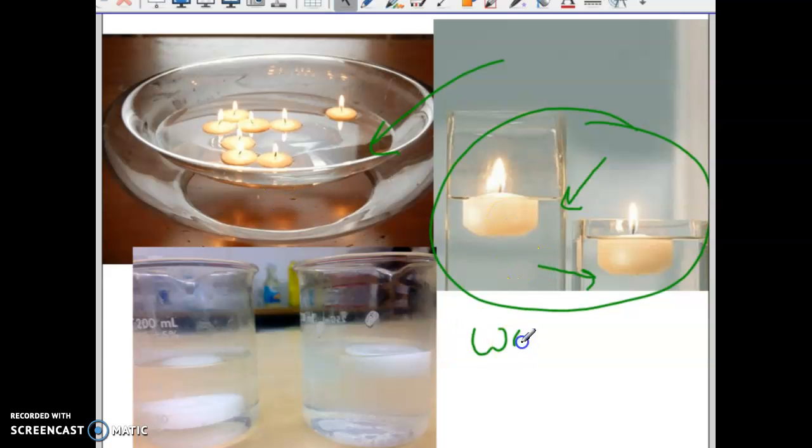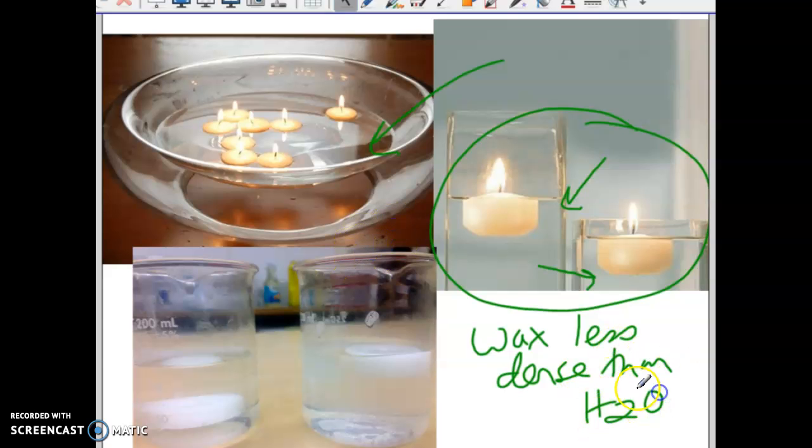So wax is less dense than water. What that means is wax has more space between its particles than water does. Water is more compact than wax. Now, if you have it in alcohol, though, you're changing the type of matter that it is in. Here's an example.